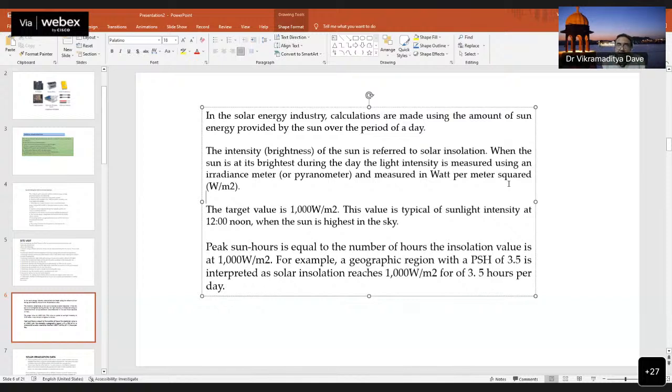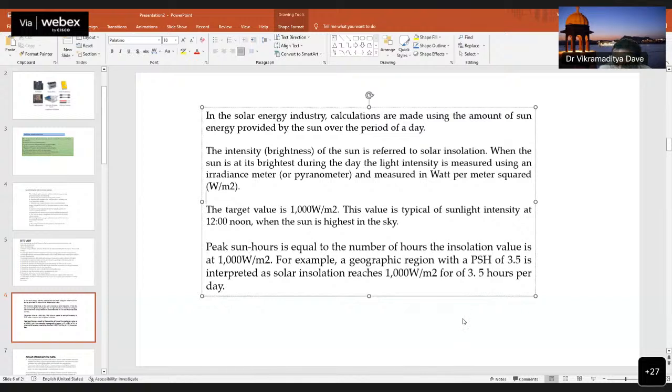For example, if any place has a solar insolation of 1000 watt per meter square continuing for 3.5 hours, then the so-called peak sun hours will be 3.5 multiplied by 1000.